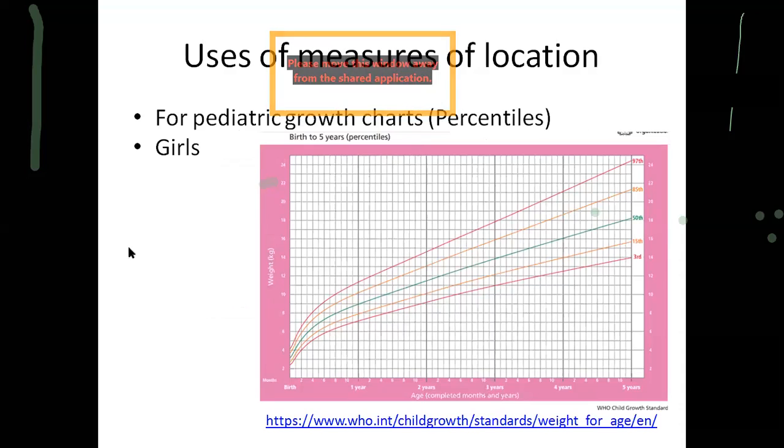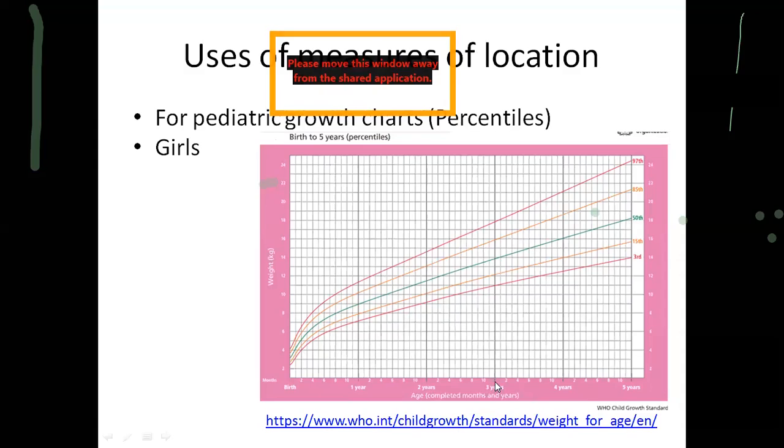I have downloaded this growth chart from the WHO website, which is typed below on the screen. This is for girls. You note that there are 5 lines. The green line is the 50th percentile of normal girls of a particular age group.